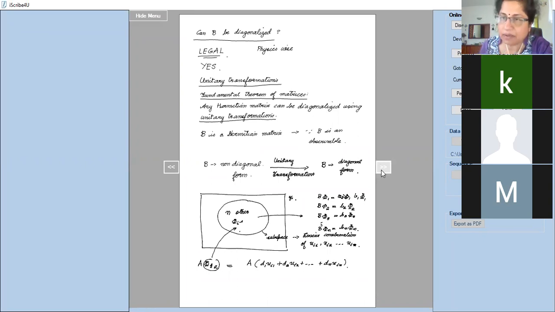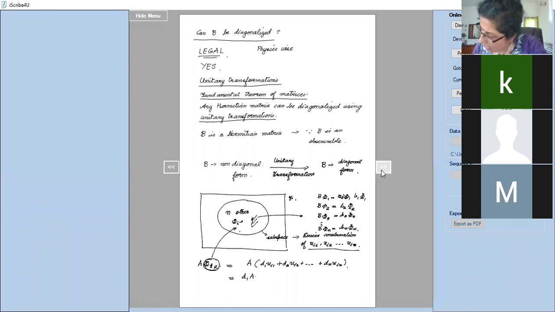Okay, why? Because again, as I told you, this phi 2 belongs to this subspace, and everything in that subspace is a linear combination of these, right? So now let us see, what will you get then?